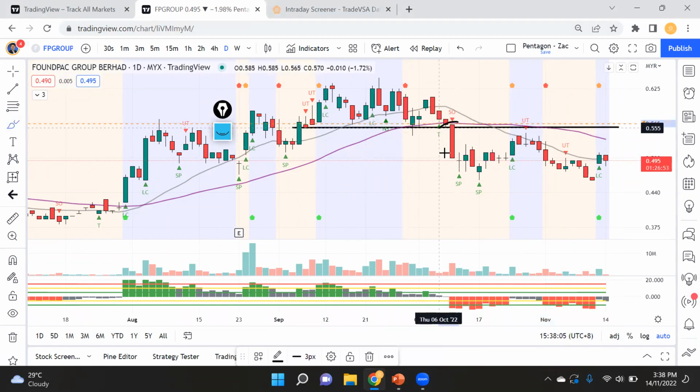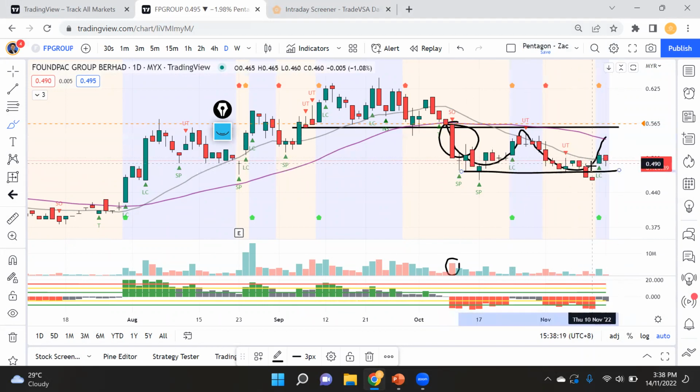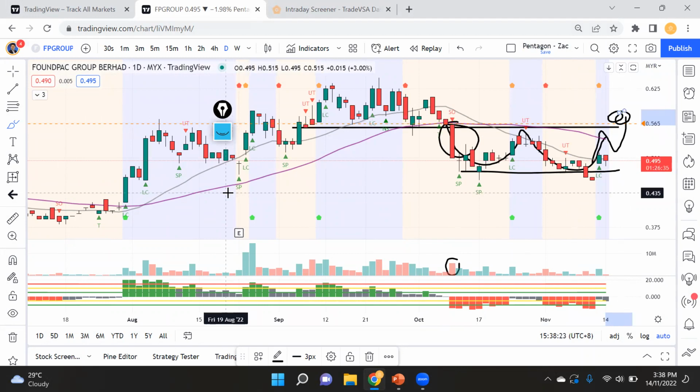So here, yes, we have a sell-off, but volume is not as scary, unlike Revenue and Dufo, which had a big scary volume, right? So here it rejected. Now it seems like they are building some range over here. Hopefully it will hold. Let's see whether the shakeout completes or not. For Found Pack, yes, it's potentially a shakeout pattern.